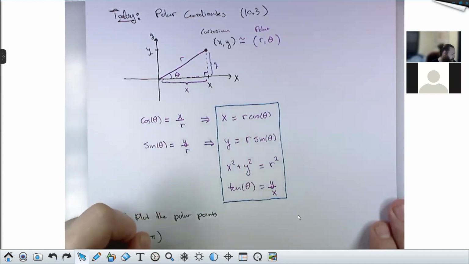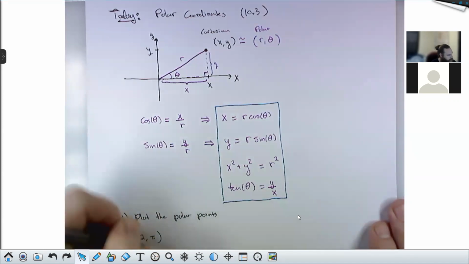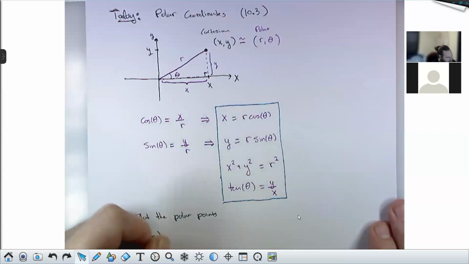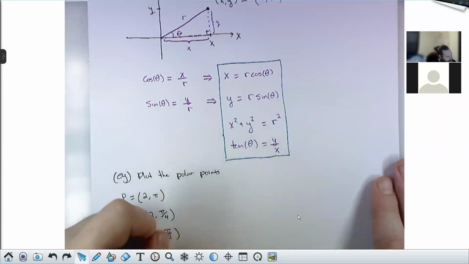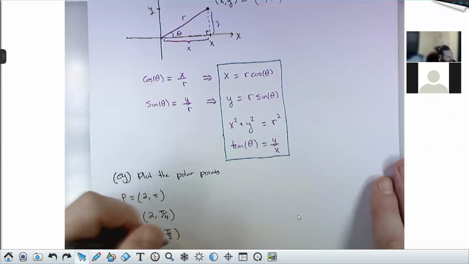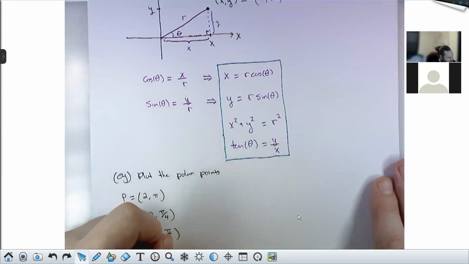We could do (2, pi over 4). We could do (1, negative pi over 2). And maybe something like (3, 5 pi over 6).